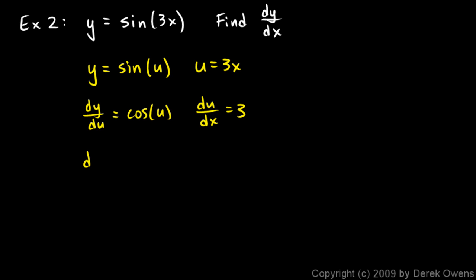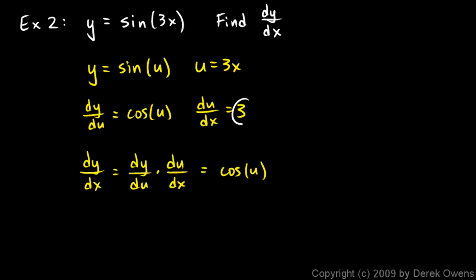So the derivative that I'm looking for, dy/dx, has to be dy/du times du/dx. So it's the cosine of u times 3. And we typically write that with the coefficient out front, so I'll write 3 cosine of u, but instead of u, let's substitute in this 3x. So it's 3 cosine 3x, and that's my answer.